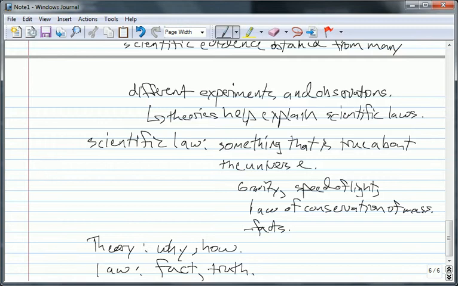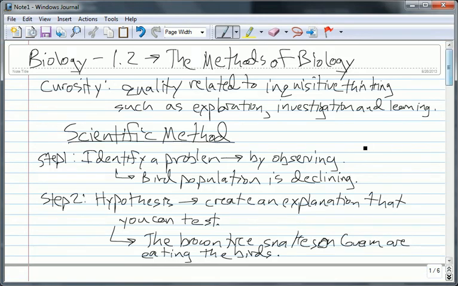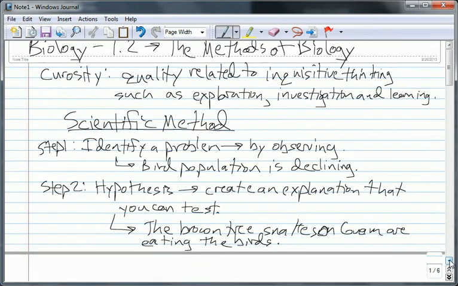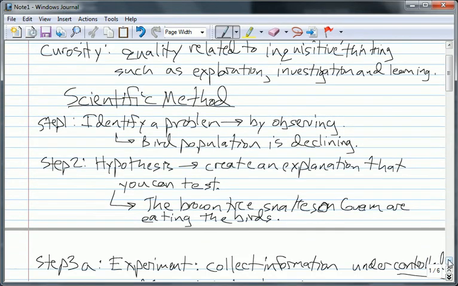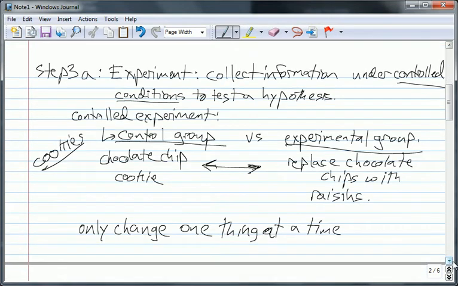So this is how you would go about the scientific method. Once again, step 1: identify a problem by observing, figure out what's wrong, figure out what you want to figure out. Hypothesis: create an explanation that you can test. Step 3: do an experiment and collect information under controlled conditions with a control group and an experimental group.